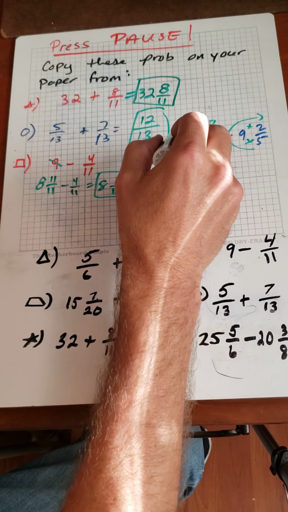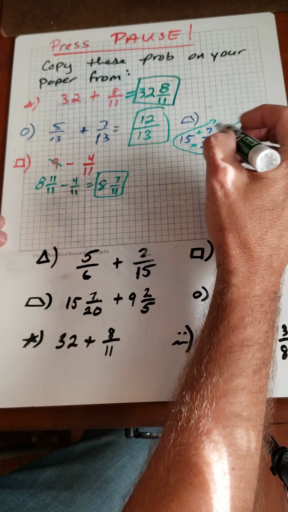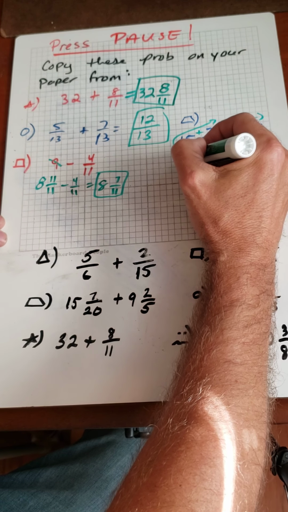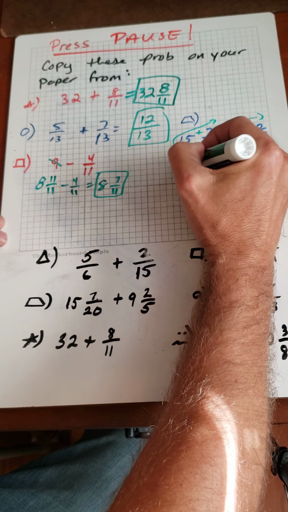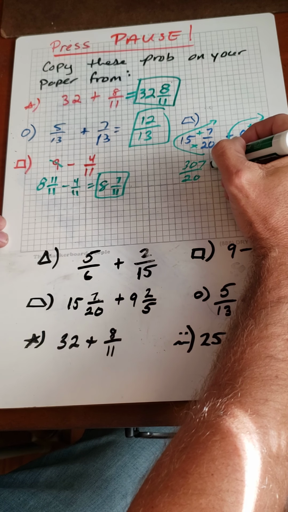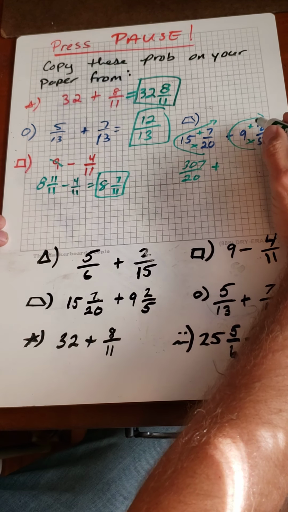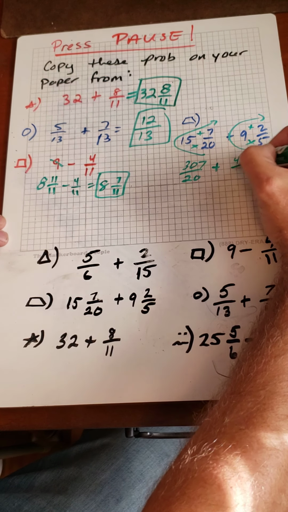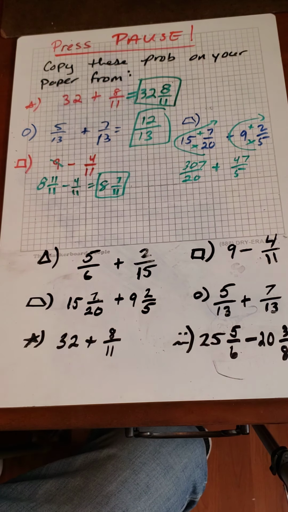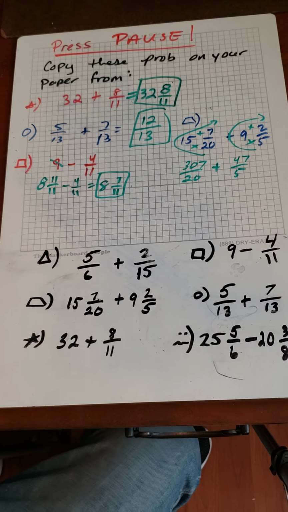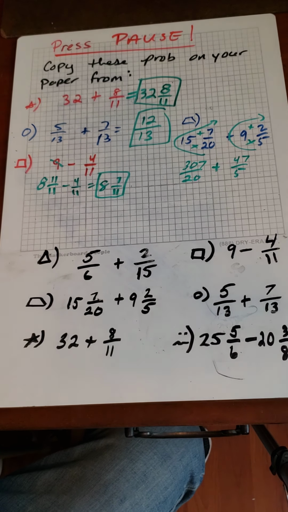So you go 20 times 15, which is 300, and then add 7. So this is 307 over 20, plus, and then 9 times 5 is 45, plus 2 is 47 over 5. Okay, and now you can find your common denominator and move on.